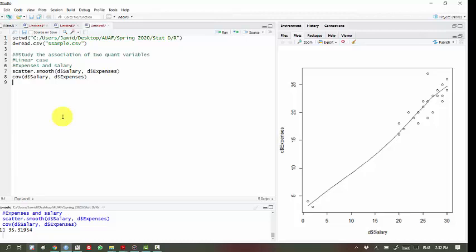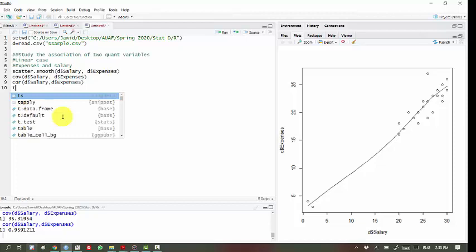In order to get a bounded measure, we use correlation, $d$salary, $d$expenses, which is almost 96%. 96% is a very high number, very close to 1, which shows a very high linear association between salary and expenses.